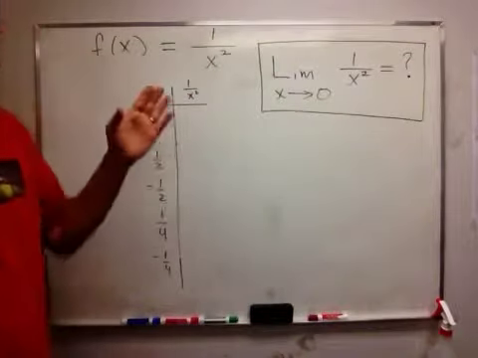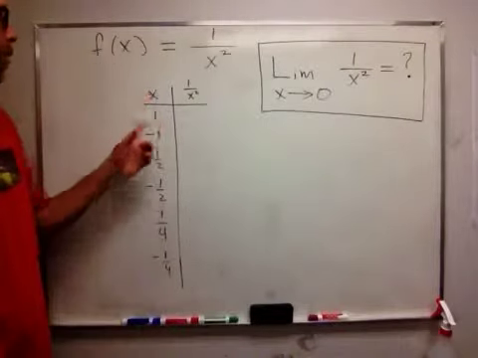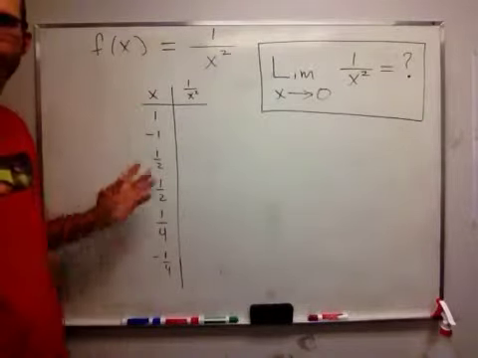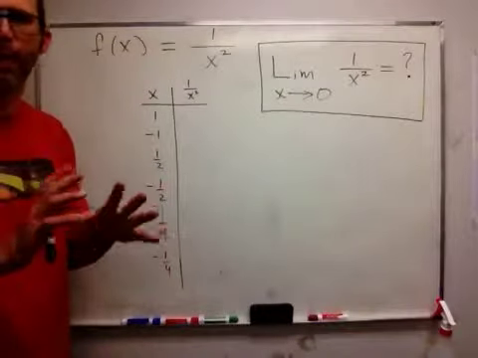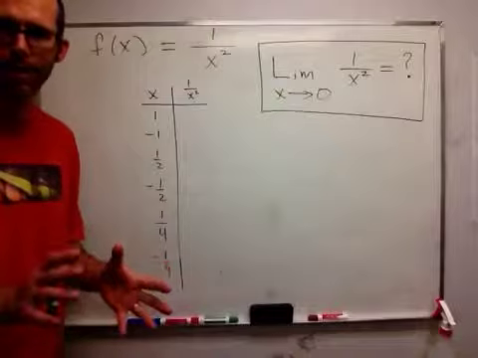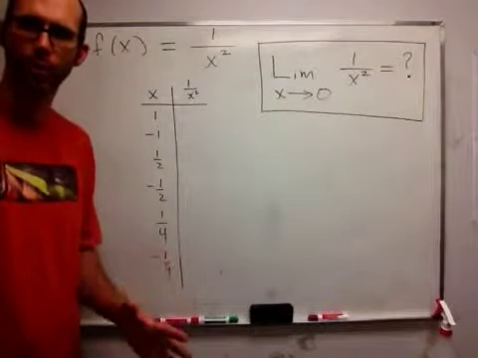To get our minds wrapped around what's going on, let's start with a table of values, and then you'll get your mind wrapped around what the graph looks like, and many of you might already know what this graph looks like from your pre-calc class.